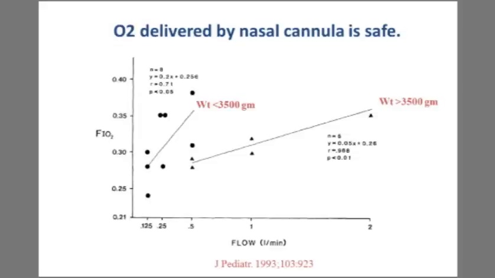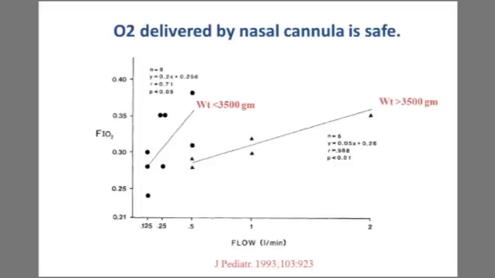It really looked at the oxygen cannula flow versus the inspired oxygen concentration, because don't we really want to know that when you're giving half a liter of oxygen, how much oxygen is that actually? So I divided the patients into preterms, those less than 3,500 grams, and term or slightly older babies, all in the nursery, greater than 3,500 grams.